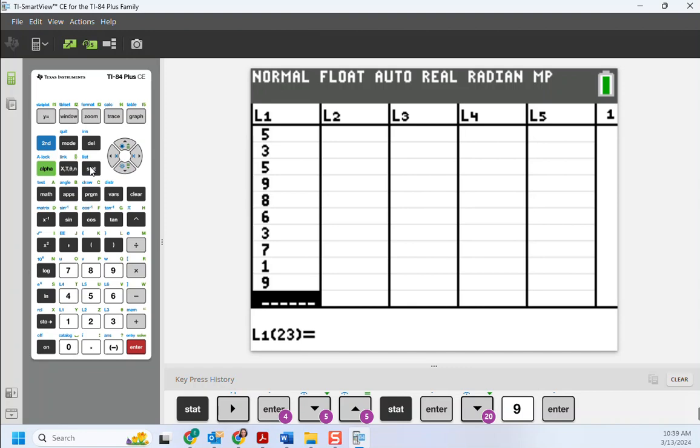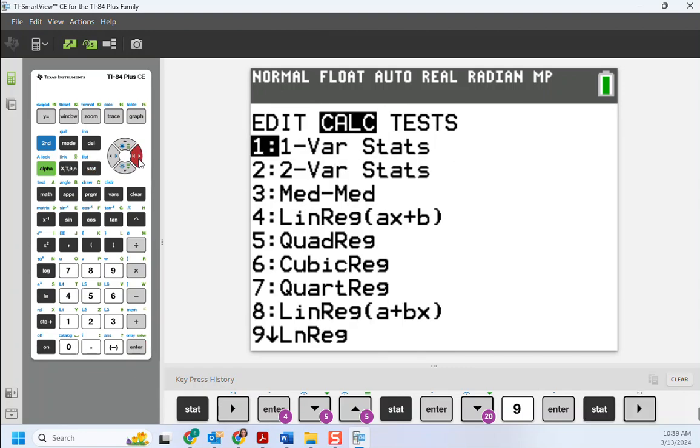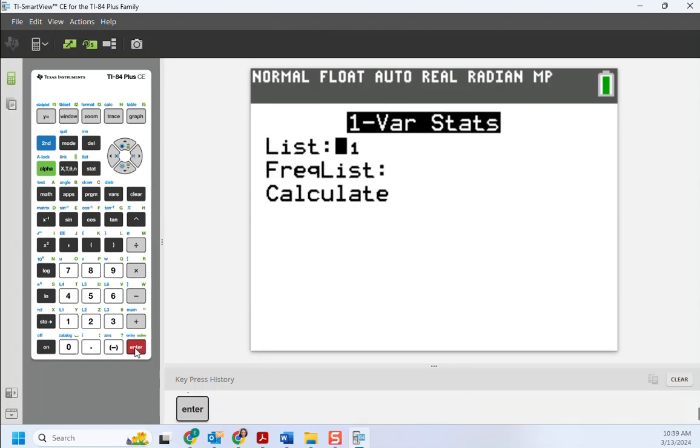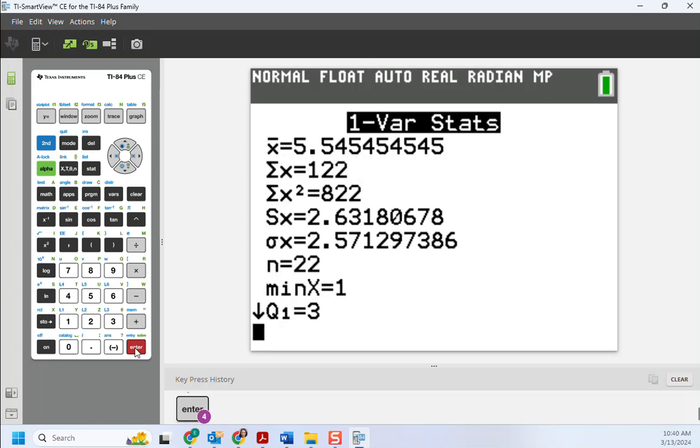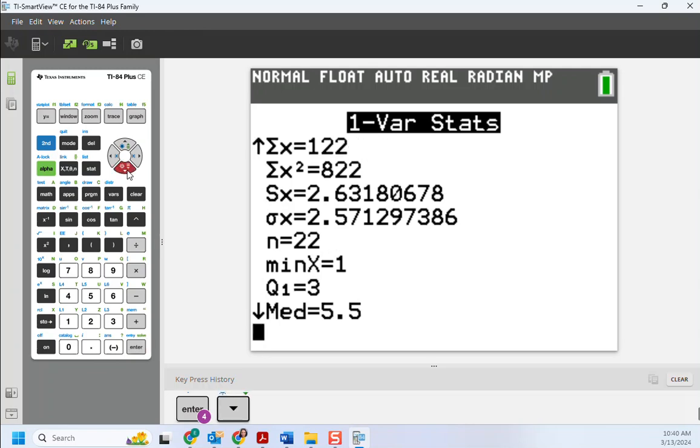Stat, calculate, one variable statistics, enter, enter, enter. Okay, so now my mean is 5.55. And my new median, I have to go down to see. 5.5.